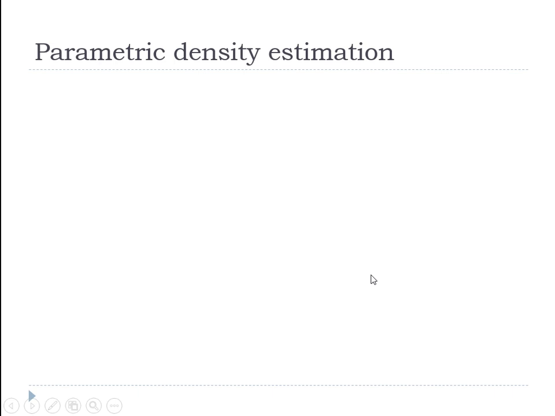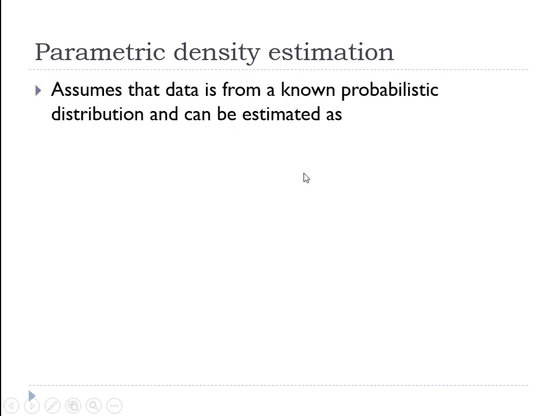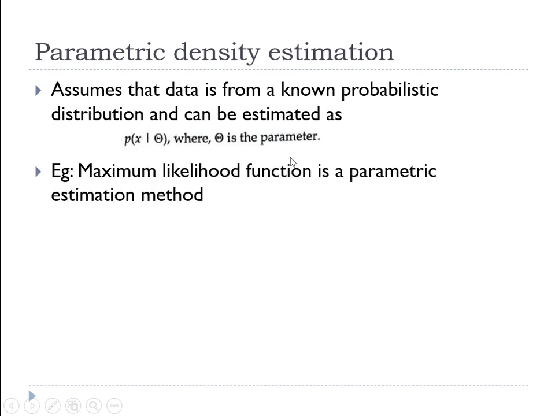Now, coming to the mathematical form of parametric density estimation, let's assume that the data is from a known probability distribution, say P of x given theta, where theta is the parameter. A very good example of parametric density estimation is the maximum likelihood function, which we will discuss in the next session itself. So maximum likelihood estimation is an example of parametric estimation.